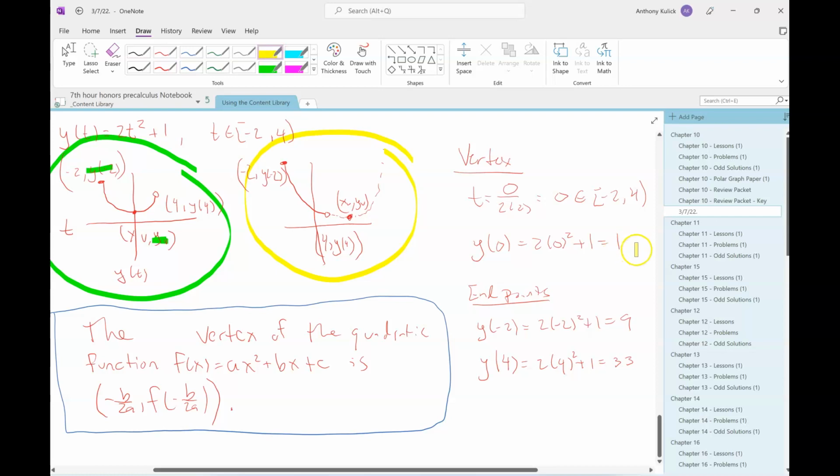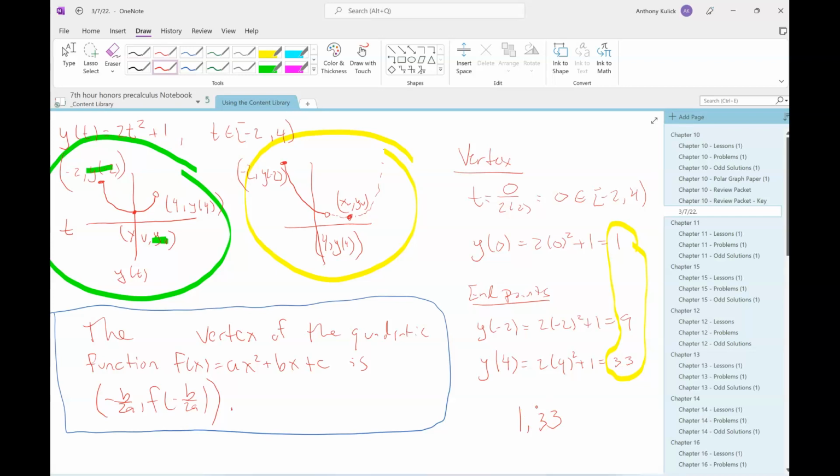Okay, so now I'm going to consider those 3 points. So the smallest is 1, and the biggest is 33. Everybody's okay with that?